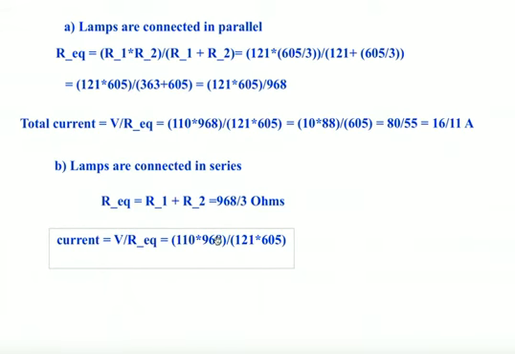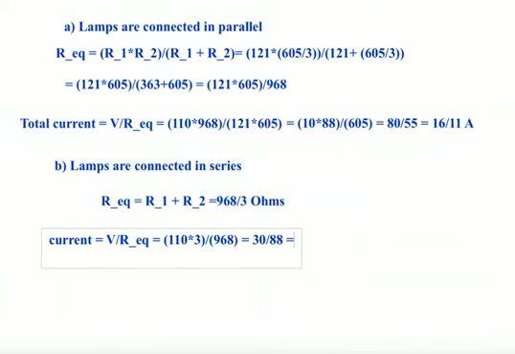Voltage is 110. Let's substitute. R equivalent is 968 by 3, so into 3 here it will be 968. How is it going to change? 30 upon 11 8 88.